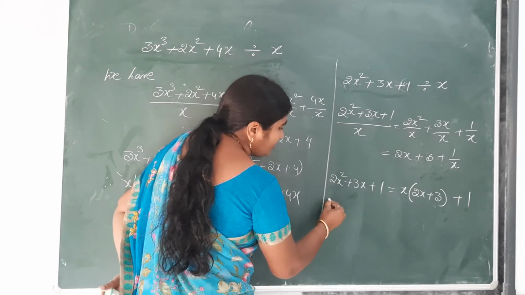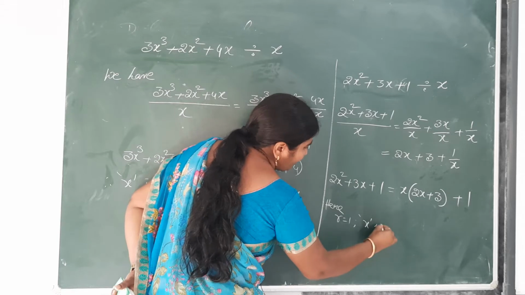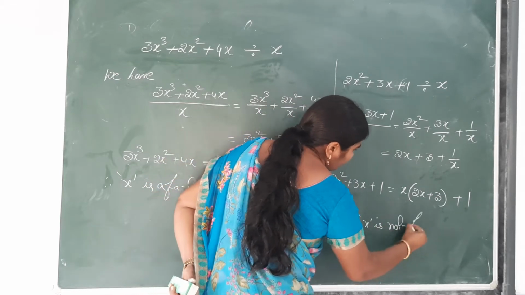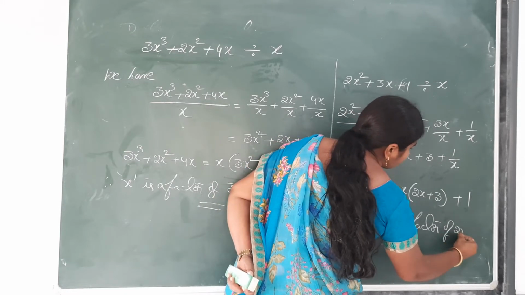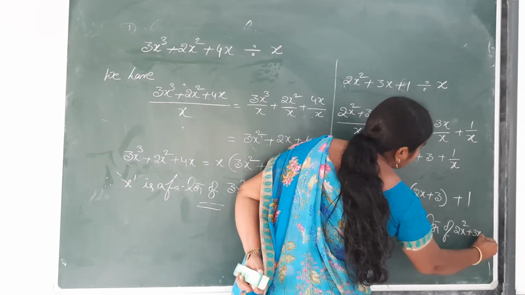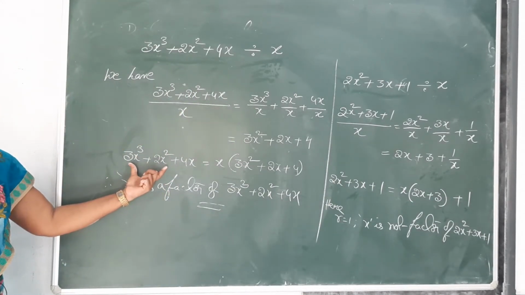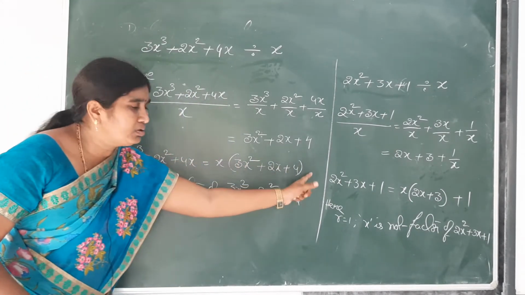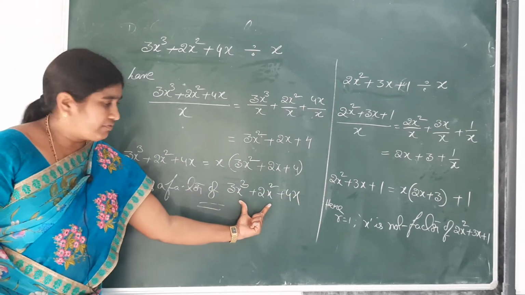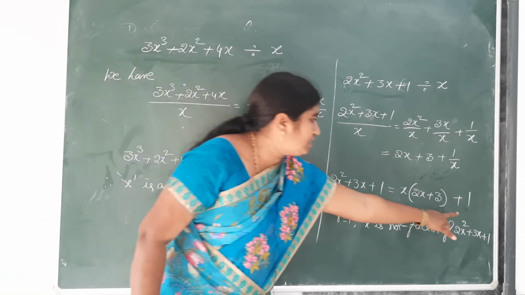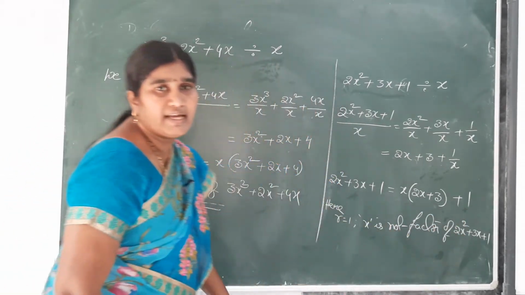If x is a common factor of each term, then the remainder is 0. Here remainder equal to 1, so x is not a factor of 2x square plus 3x plus 1.